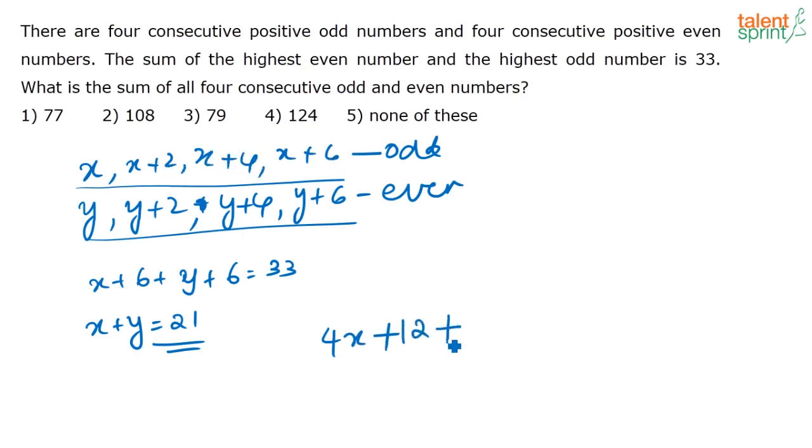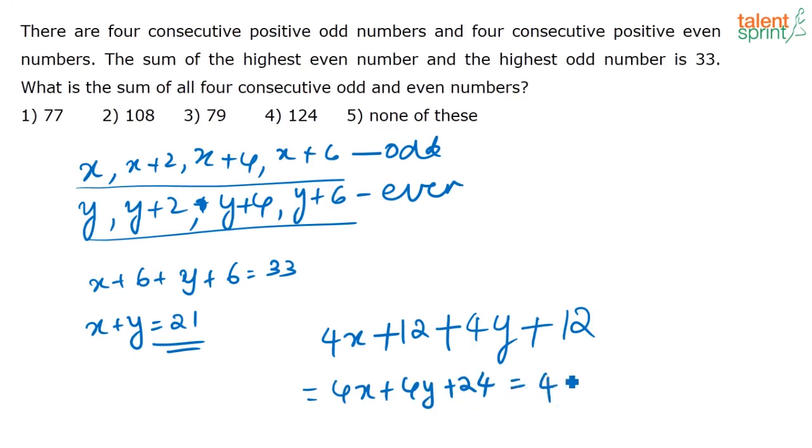So 4x plus 12 plus 4 times y, correct? 4 times I'm adding y, 4y plus 2 plus 4 plus 6, again 12. So that is equal to 4x plus 4y plus 24, or this is equal to 4 into x plus y plus 24. So this is the sum of all the 8 numbers.